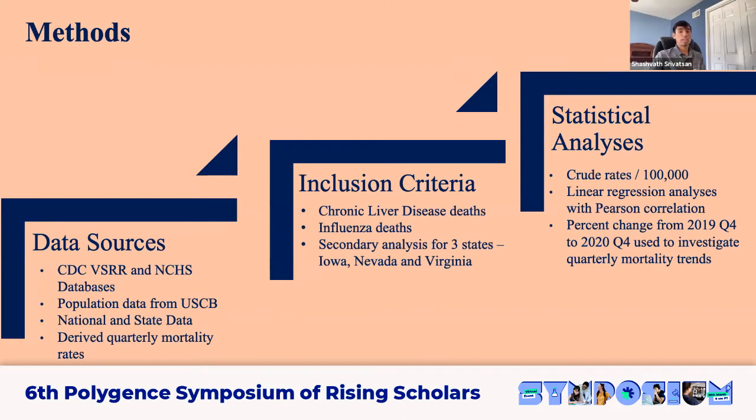I used the raw mortality data, so total deaths, with the population data to derive crude mortality rates per 100,000. These were not age adjusted, meaning that as people die naturally or due to the pandemic, the overall population stayed constant.